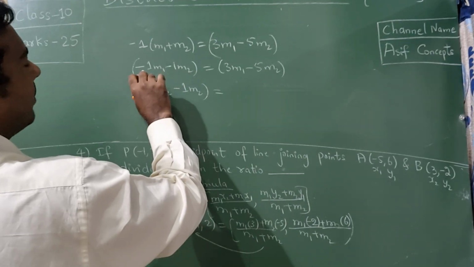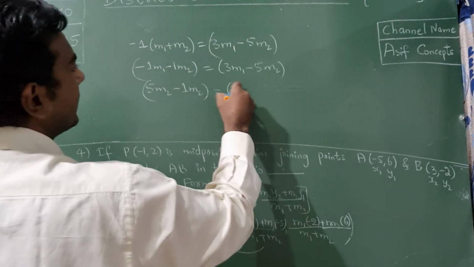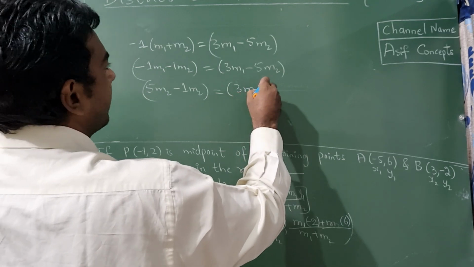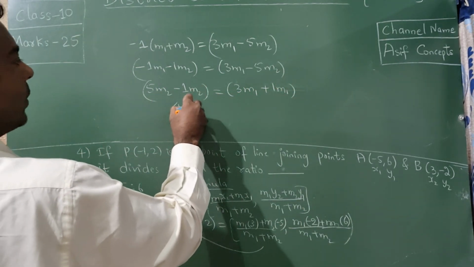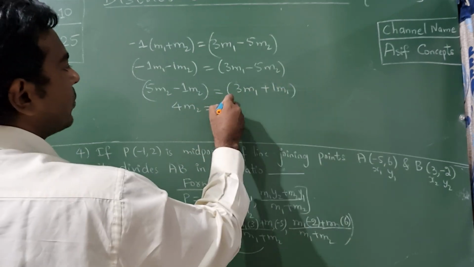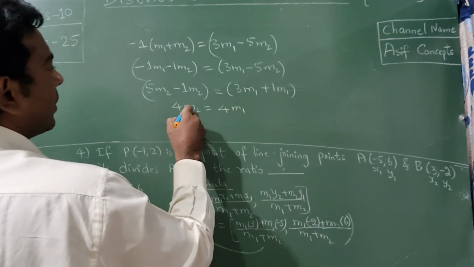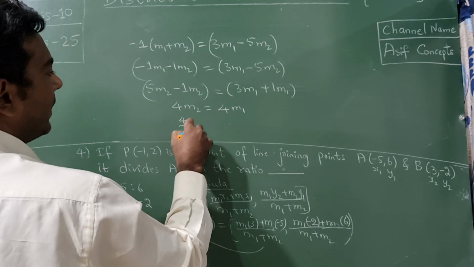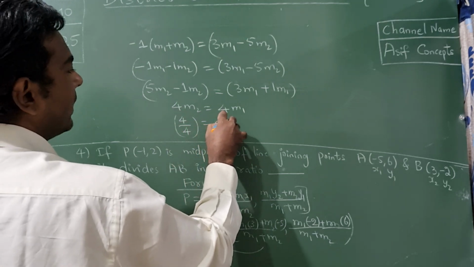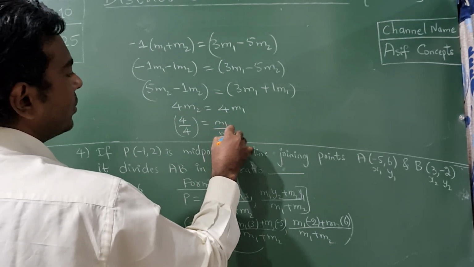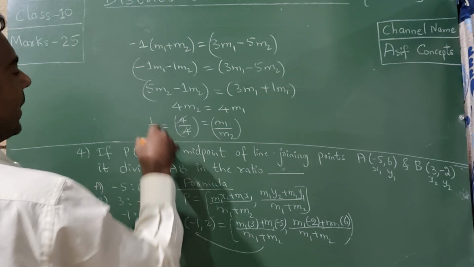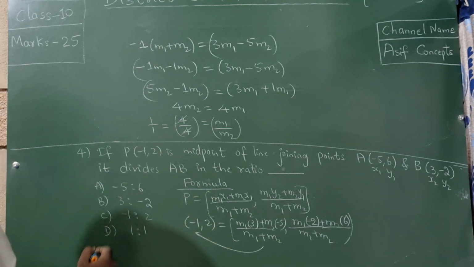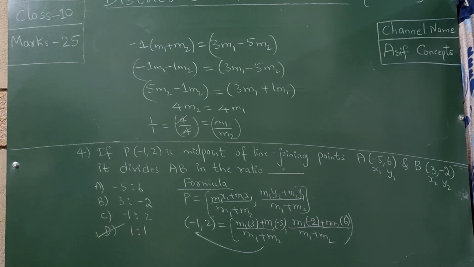And take this minus 1m1 on the right hand side, it will become plus. Okay, 5 minus 1 is 4 and 3 plus 1 is also 4. So I am going to write 4 divided by 4, and here m1, take this m2 here. So 4 ones are 4 ones are, so it is 1 by 1. So the ratio will be, the correct option is D, that is 1:1 ratio.